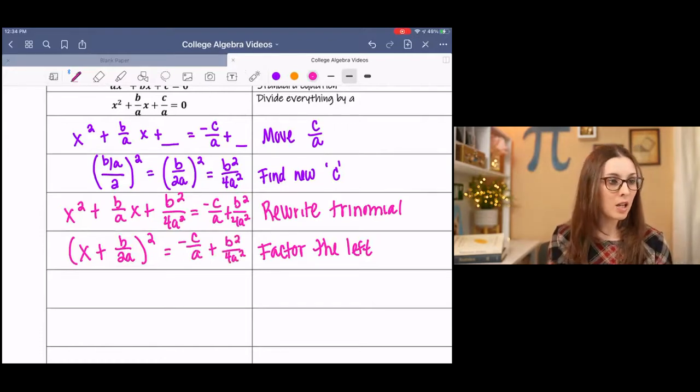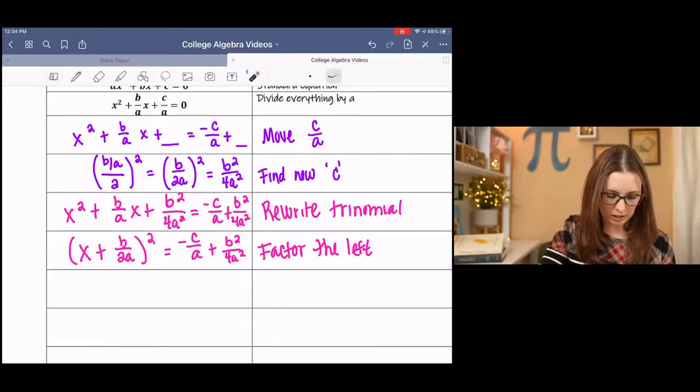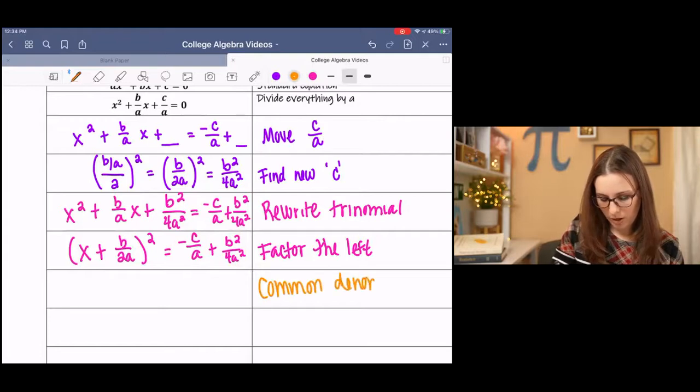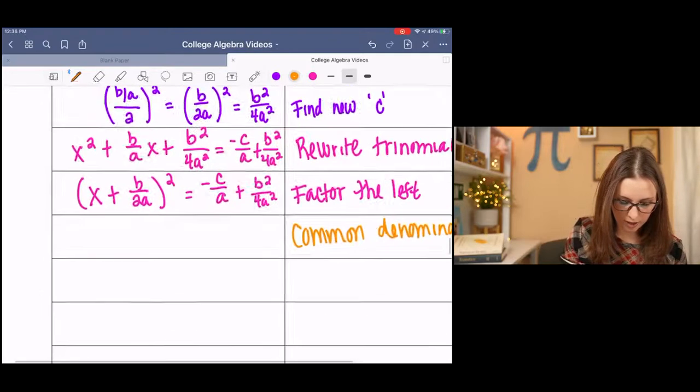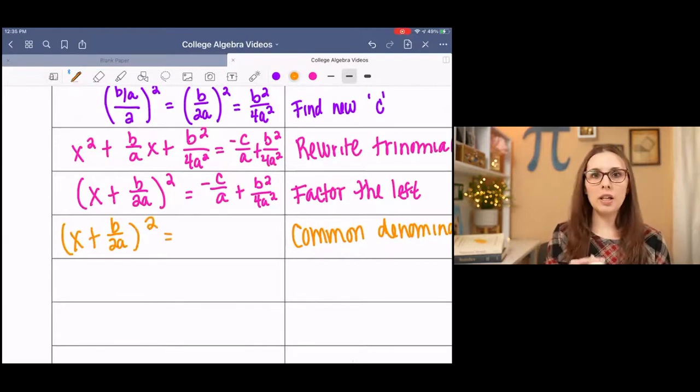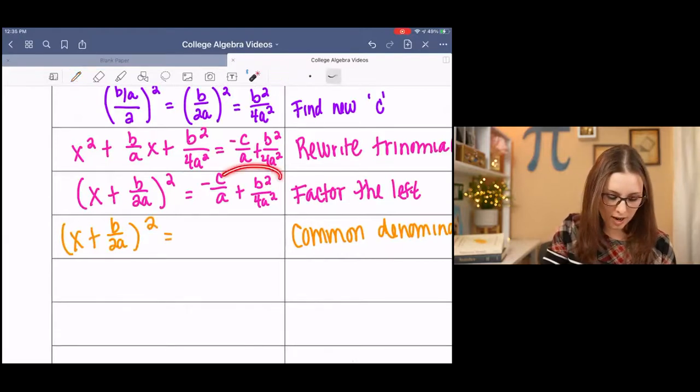All right. Now this right side is a little bit yucky. So I'm going to get a common denominator for this right side. I'm going to leave the left side as is for a second. And then to get a common denominator on this side, it's already got an a.